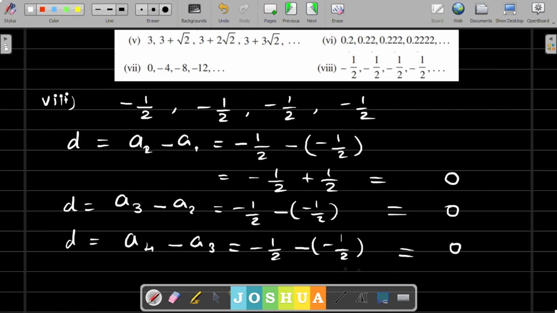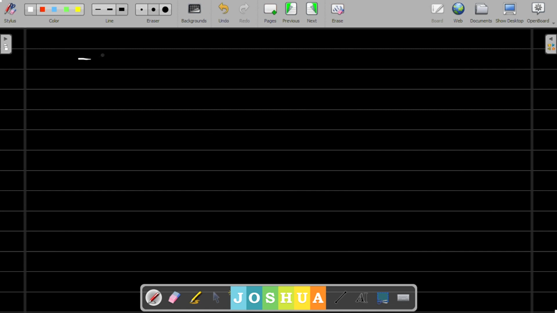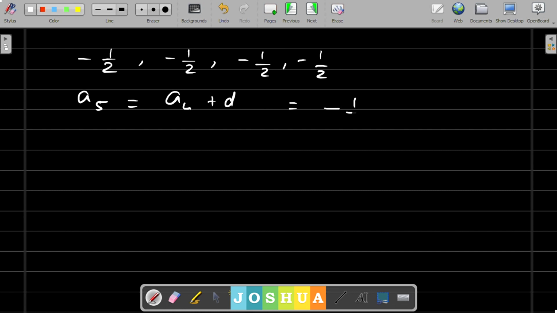So now it forms an AP, since the D is common. Now I'm going to find the next three terms in this case. Already we know the first four terms are minus 1 by 2, minus 1 by 2, minus 1 by 2, minus 1 by 2. The fifth term is equal to A4 plus D. A4 is minus 1 by 2, difference is 0, therefore the fifth term is minus 1 by 2.